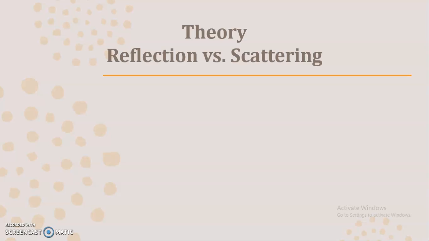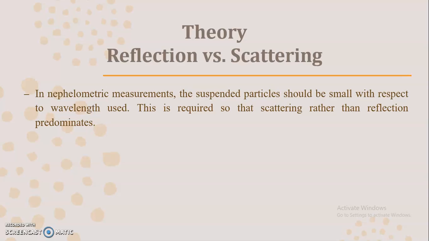Now, in the previous video, we have already discussed this particular part. In Nephelometric measurement, the suspended particles should be small with respect to the wavelength that is used, so that scattering rather than reflection predominates. Already we have seen that Nephelometry is based upon the measurement of scattered light. That's why scattering will occur when the particle size is small.